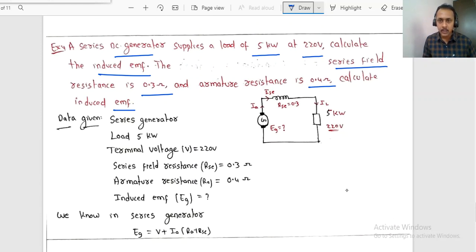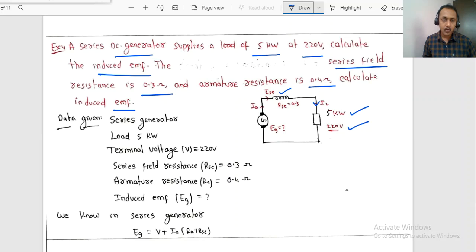Armature in series with the series field winding, a load of 5 kilowatt at a terminal voltage of 220 volts, and some current will be flowing to the load IL. Observe armature, series field winding, and load all are in series. IA equal to ISC equal to IL.